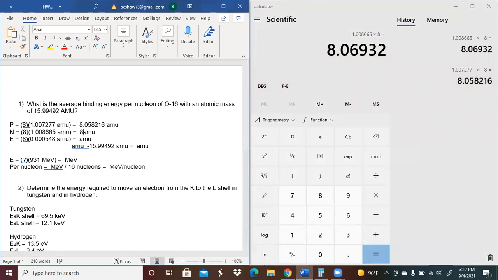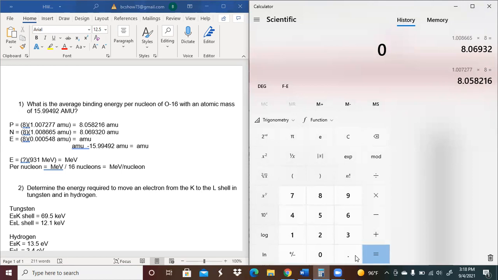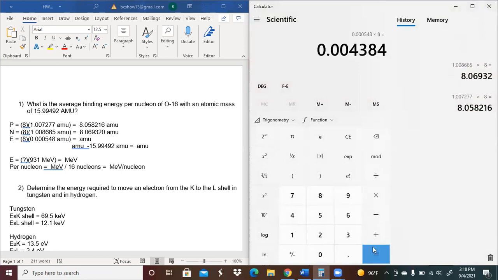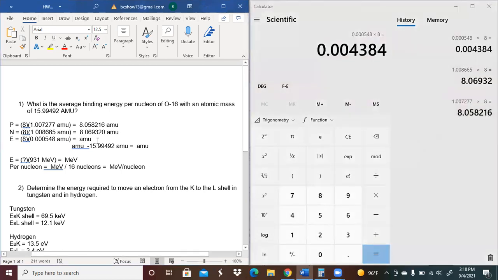So we have 8.06932. Technically, there would be a 0 there at the end. Finally, 0.000548 times 8. We get 0.004384.